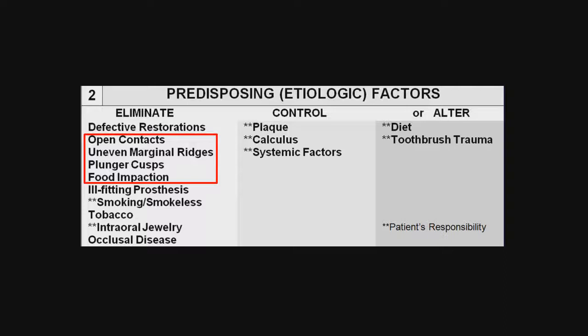And by having mounted models, the student can look in there and actually use the models to help look for things like plunger cusps. Ill-fitting prosthesis, we can replace that. And as I pointed out earlier in the MMPPI scoring system on the index, smoking was the most significant etiologic factor on that.